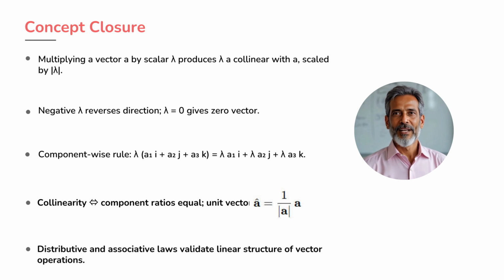Two vectors are collinear if their component ratios match. B1 by A1 equals B2 by A2 equals B3 by A3 equals lambda. And the distributive and associative laws make sure everything stays consistent in our vector universe. So that's the power of scalar multiplication, a simple concept that controls magnitude without messing with direction.